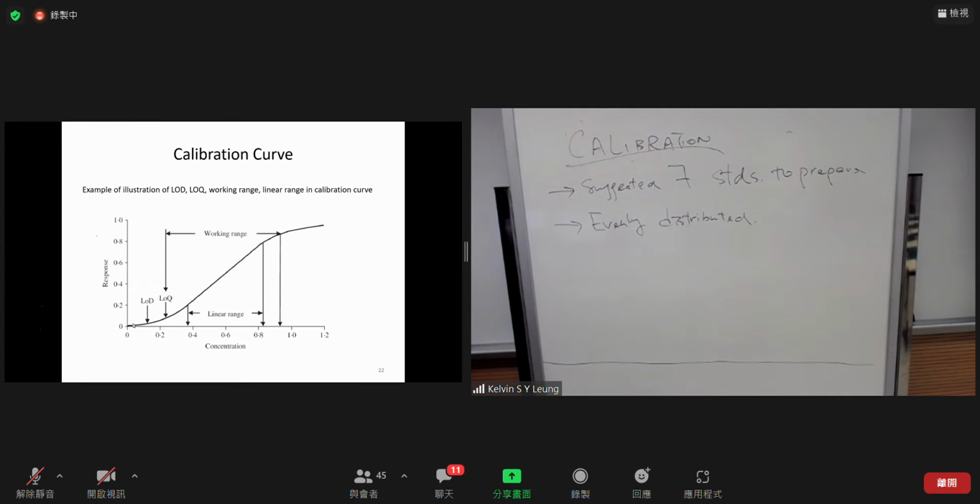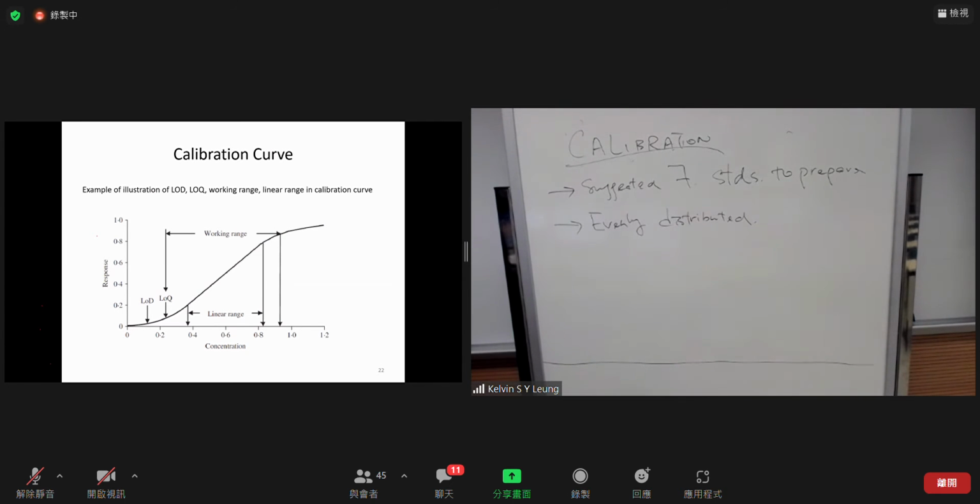This figure illustrates in the graph which particular point refers to the linear range of the calibration curve. Maybe here we start preparing the standard from 0 up to the last point, 1.2.